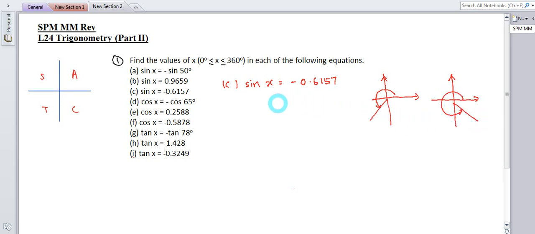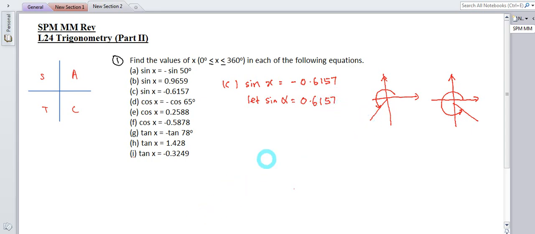Now we need to determine the reference angle. Let sine alpha equal to, we just ignore the negative first. When we want to determine the reference angle, we ignore the negative. We just write 0.6157.